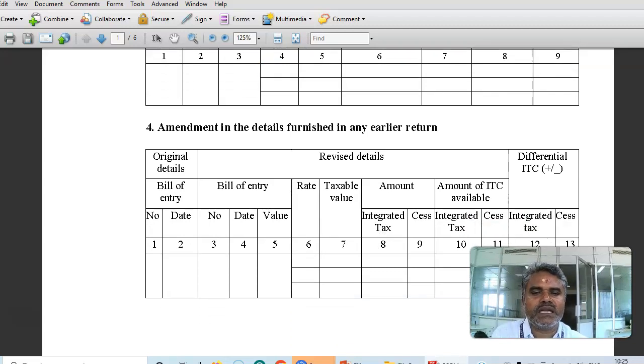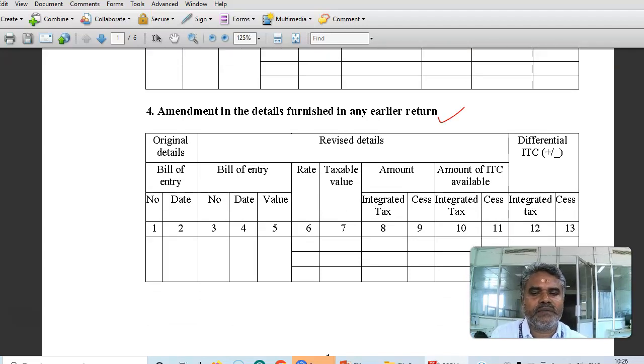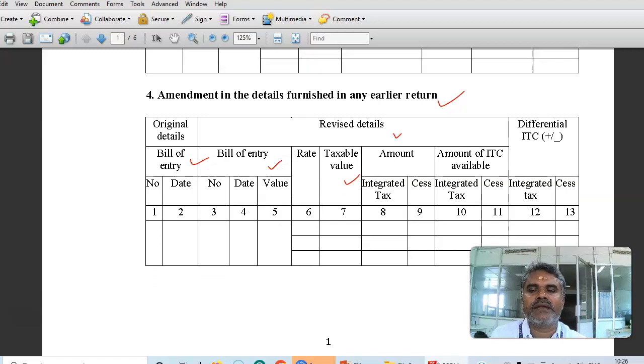Amendment in the details furnished in any earlier return: do you have any amendment? Changes also have to be updated here. So original details, revised details, and difference, bill of entry, rate, taxable value, amount, everything will be here. See carefully and give the details carefully. No problem, everything will be given and done through the internet.